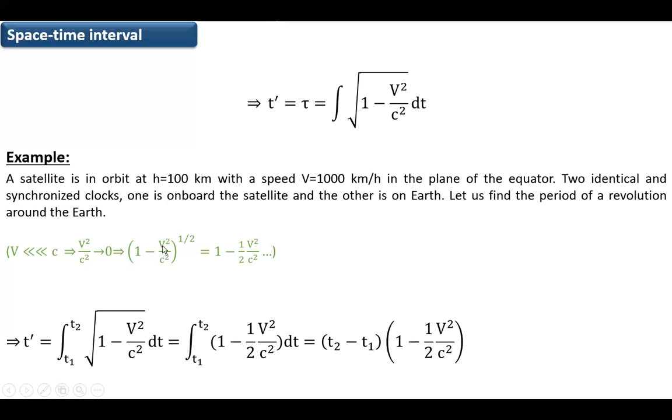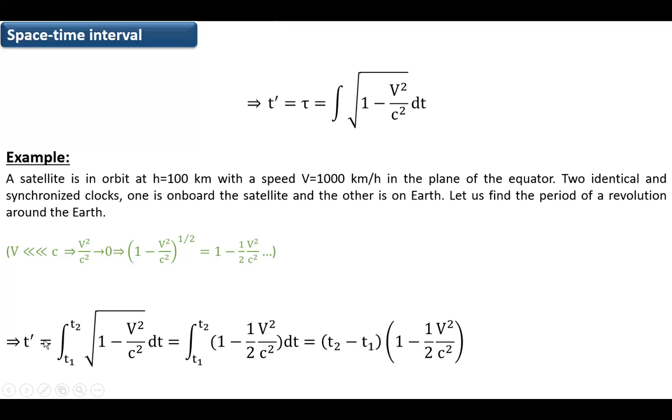If you make the expansion, it's like 1 minus half v squared over c squared plus etc. The other terms are very negligible, so we will take only these two terms, 1 minus half v squared over c squared.